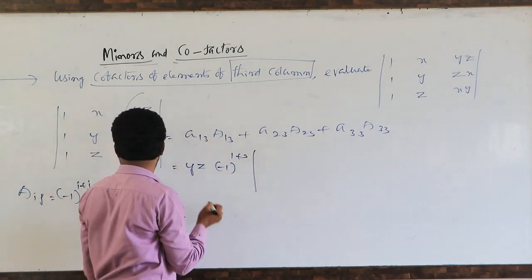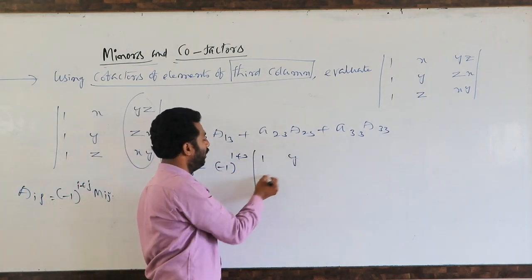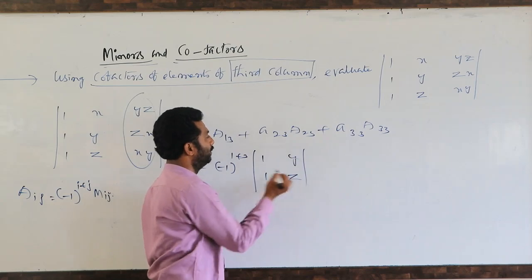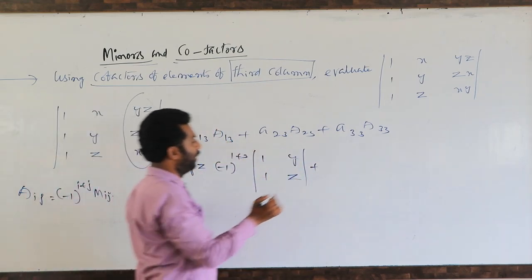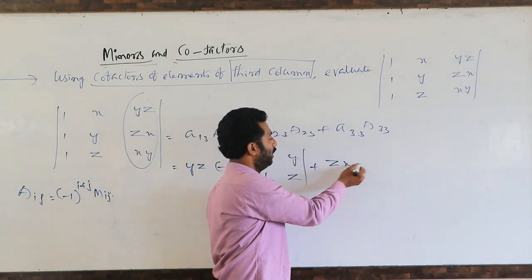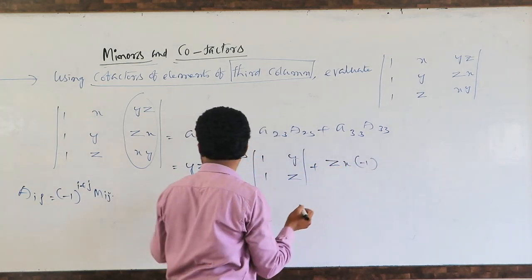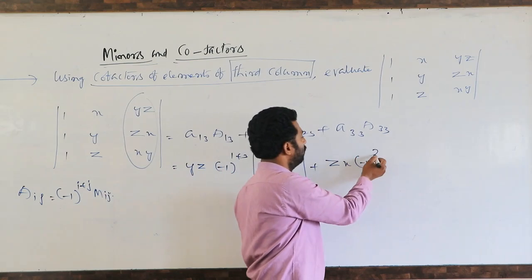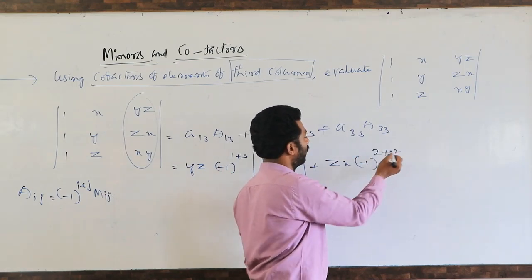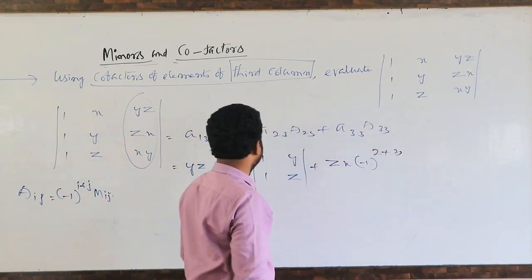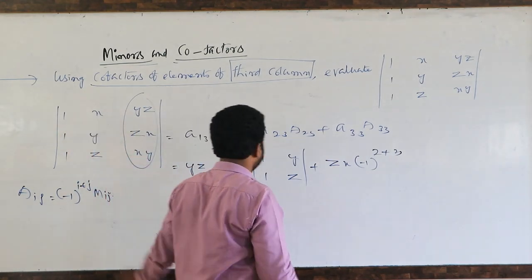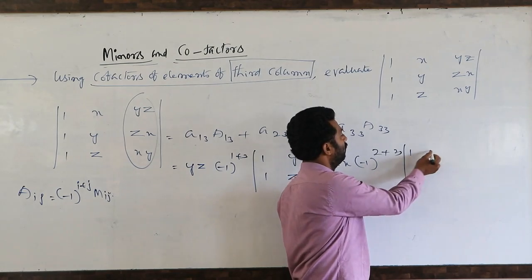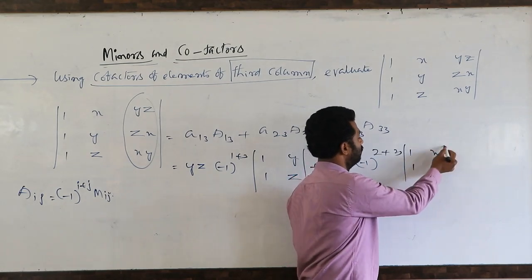What is the determinant? 1 y, 1 z. Plus A23 means zx into minus 1 power 2 plus 3, obtained by deleting the second row and third column, which means 1 x, 1 z.